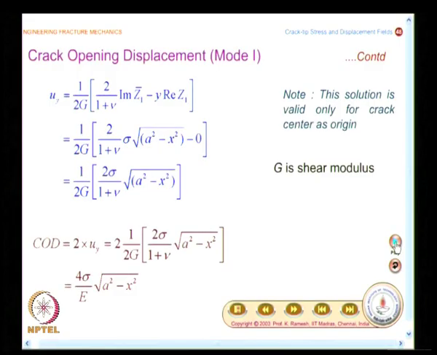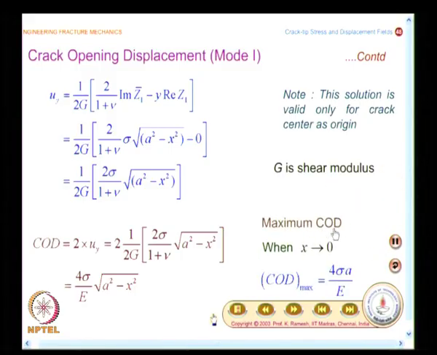That is information number 1. And another one is we would also like to know what is the value of maximum crack opening displacement. You read this as when x equal to 0, you do not have to take it as tends to 0, read it as x equal to 0. The maximum crack opening displacement is nothing but 4 sigma times a divided by Young's modulus.